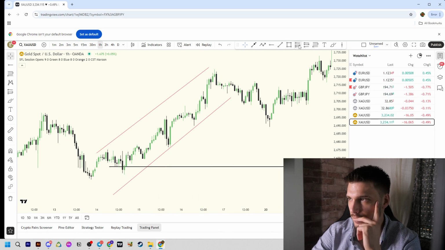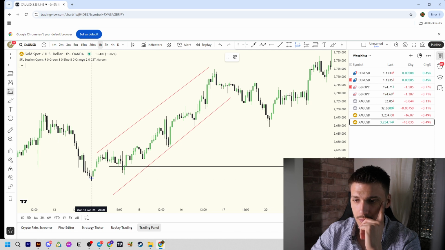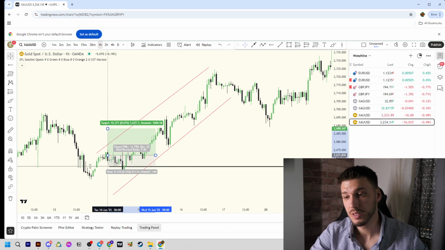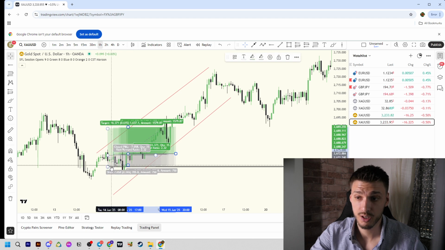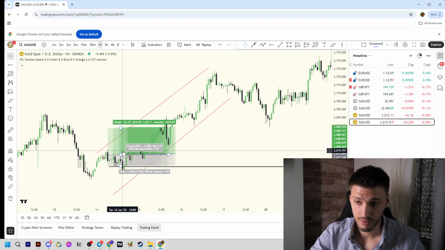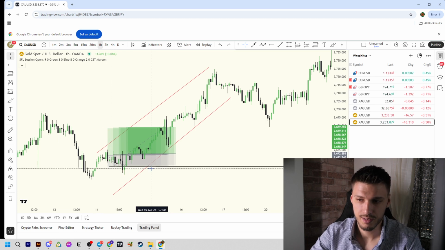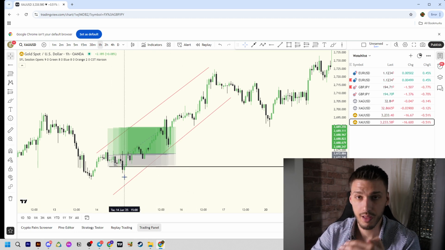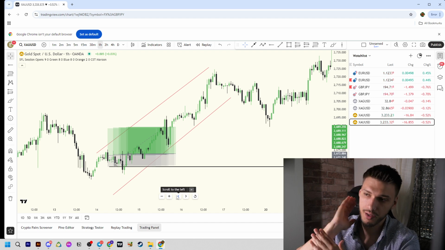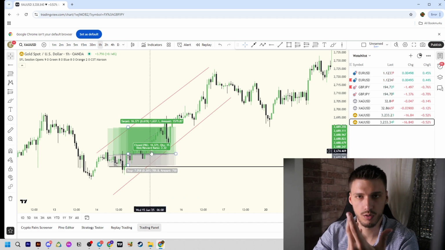What does that mean? That means since the market is pushing up, a lot of people were placing buys here. Yeah, let's buy, because it's pushing higher. And what the market did, it came down, it swept, it triggered their stop losses, so then they can be filled with money and they can go in the direction they want. That's the whole idea.